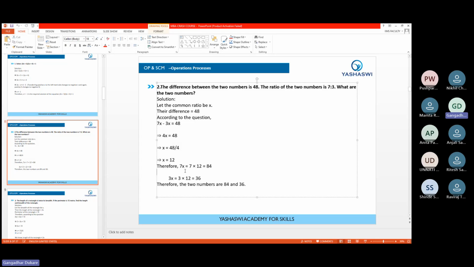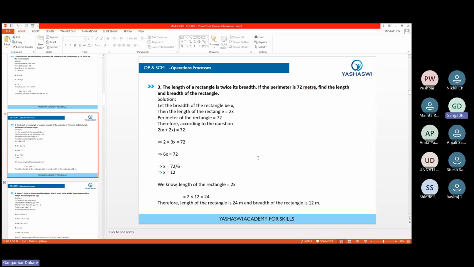Now we need to calculate the two numbers in the 7 by 3 ratio, with the value of x that we calculated. Simply put x equal to 12 in both ratio numbers, 7x and 3x. So the two values are 84 and 36. That is simple. Okay, let's go with the third question, similarly.